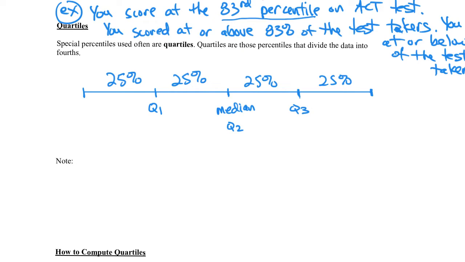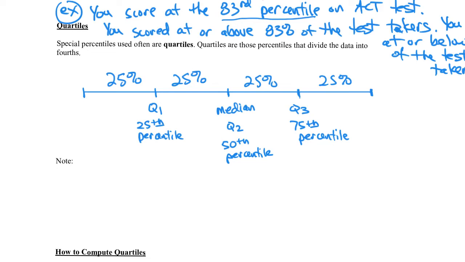Some other names that you'll hear though: the first quartile is sometimes called the 25th percentile. And of course the median could be called the 50th percentile. And then Q3 could be called the 75th percentile.